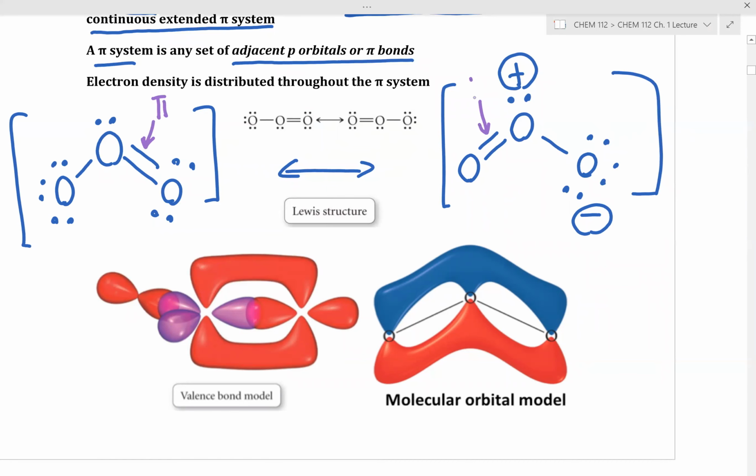Now, an interesting feature associated with pi systems is that you can't just need an empty p orbital or a parallel p orbital. Another criterion to form a pi system is if you have an adjacent lone pair on an adjacent atom.